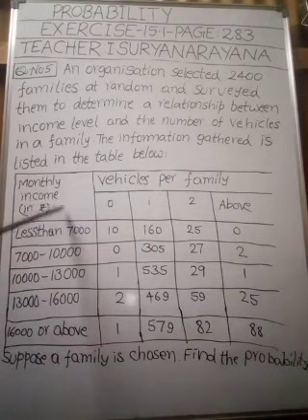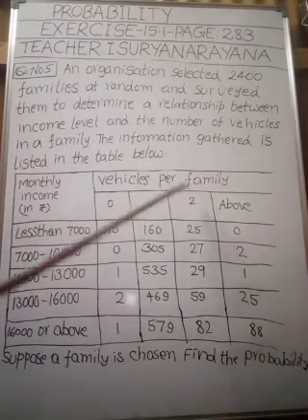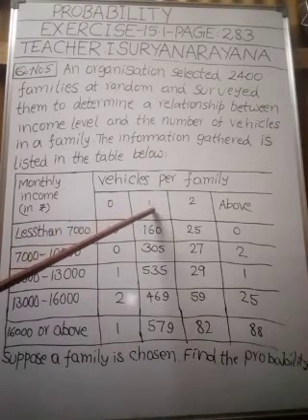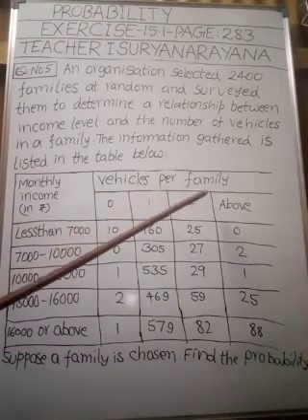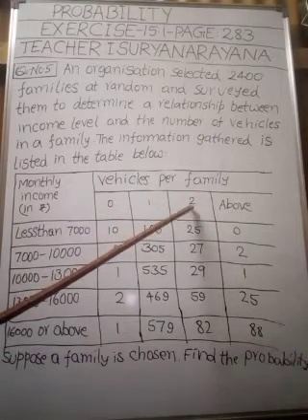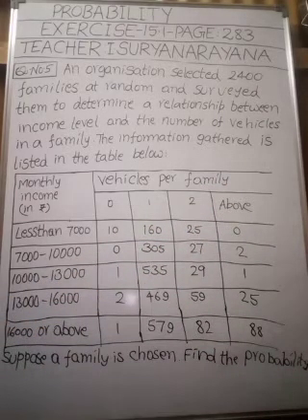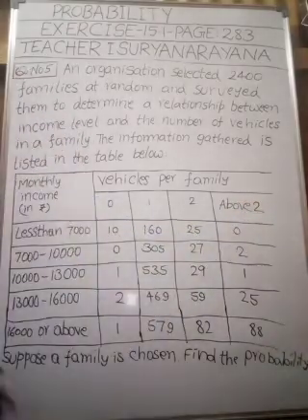Here in this column, monthly income in rupees. Here vehicles per family: number of families having zero vehicles, no vehicles; number of families having only one vehicle; number of families having two vehicles; number of families having above two vehicles.